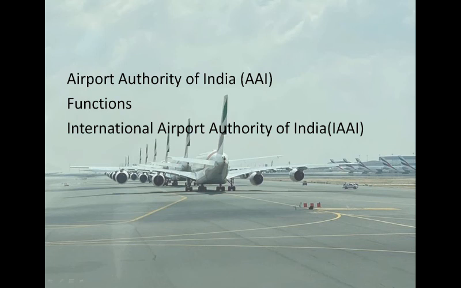Use of remote controlled VHF along with the satellite communication links has given added strength to our air traffic management system. The following are some of the functions of Airport Authority of India.